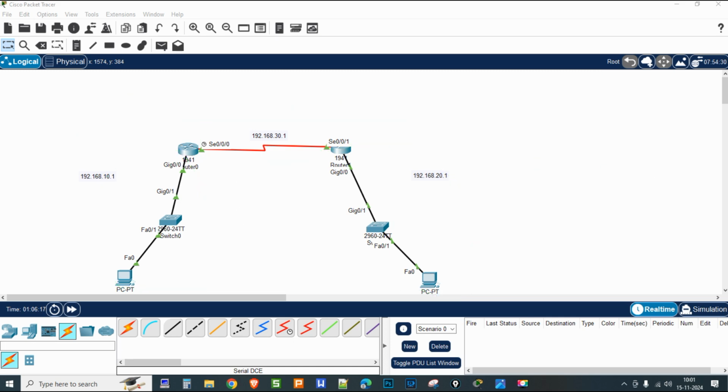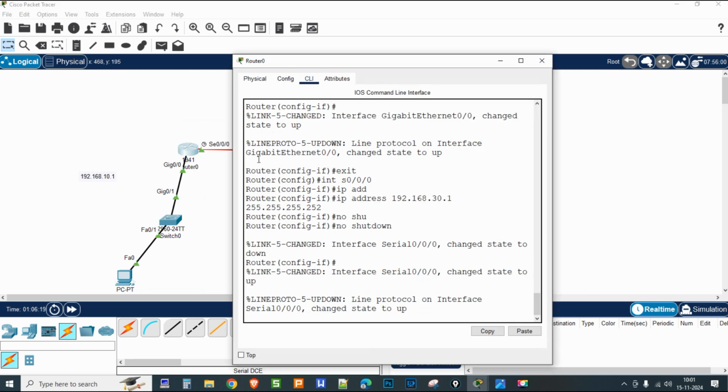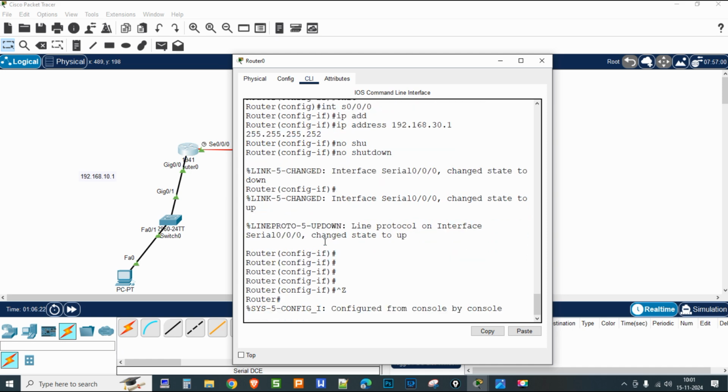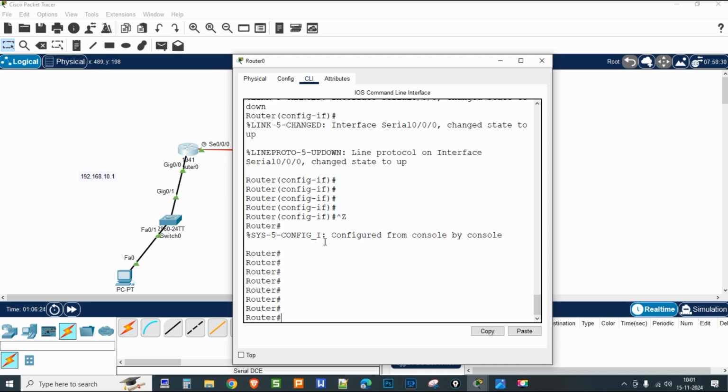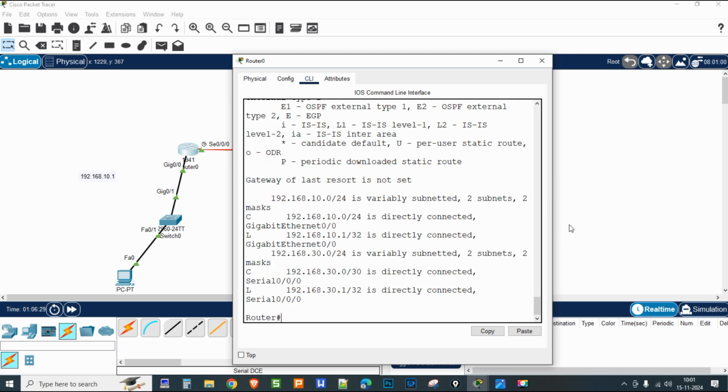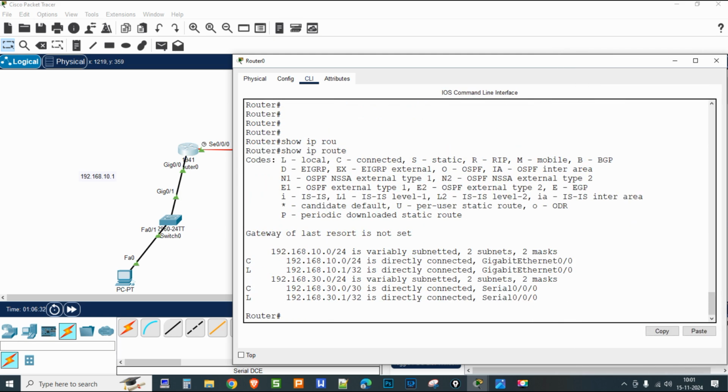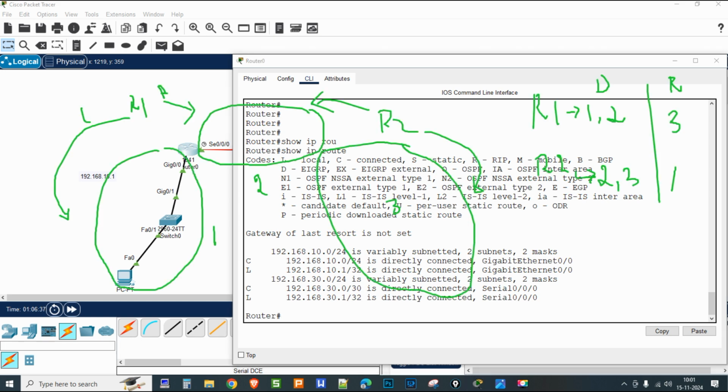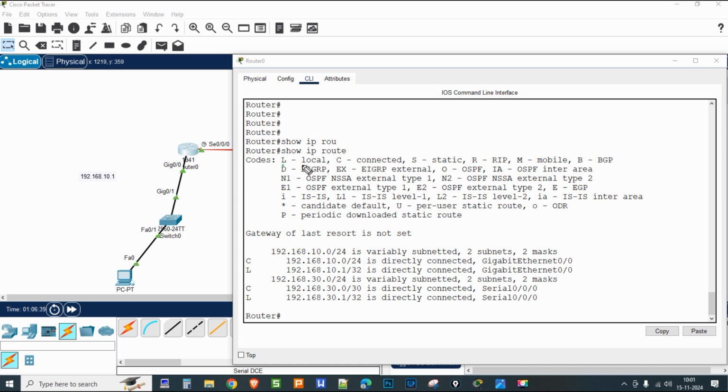Now verify the routing table. Go to the global privilege mode, so show IP route. Here L is the local, C is the connected, S is the static, R is the RIP, it is the dynamic networks, we can see later. Then this one is the candidate default.